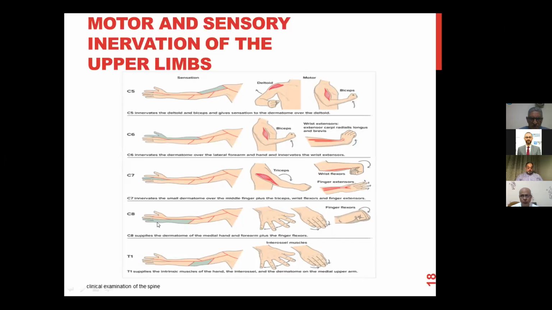C8, medial aspect of the forearm and 1.5 fingers, abduction and adduction of fingers, and flexors of the fingers. T1, medial aspect of the elbow and the interossei muscles.